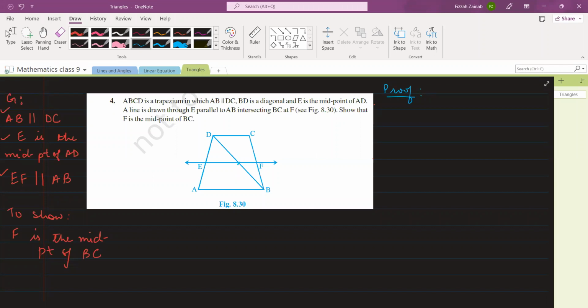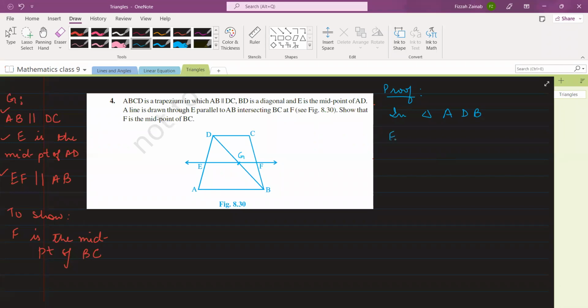Let me call it G, right? Now, if I take triangle ADB, can you see that? In triangle ADB. Yes? Okay. So we can use the midpoint theorem here. Why?